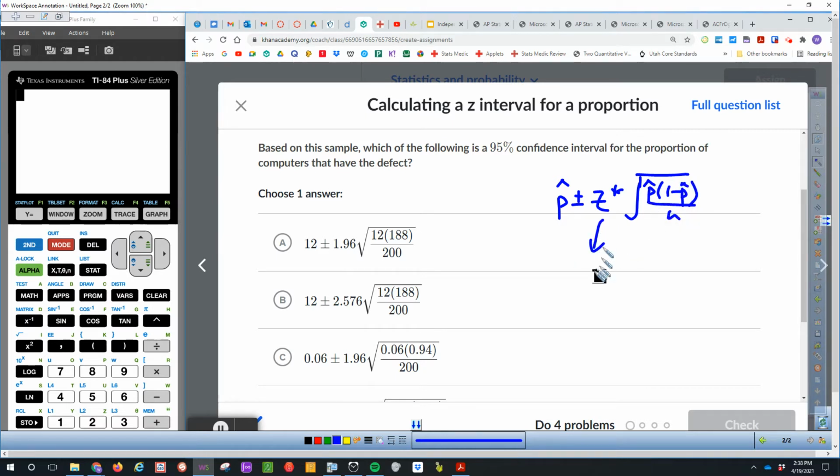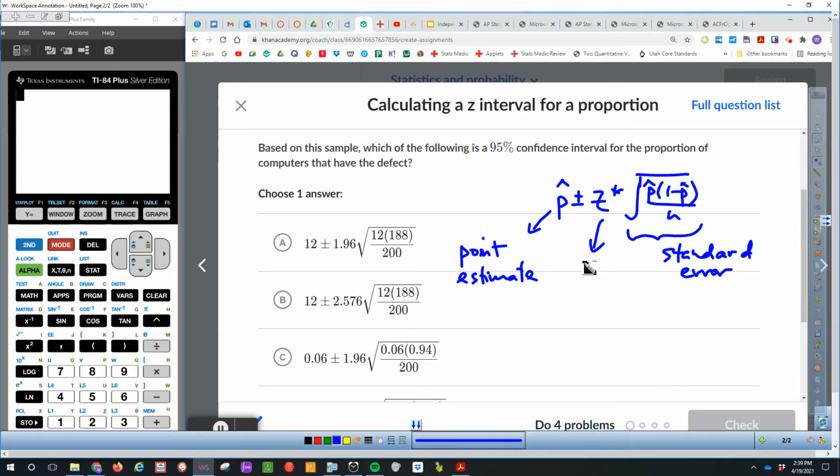By the way, z star is your critical value, which I've already gone through in our last video, and p hat is your sample proportion, which we call the point estimate.